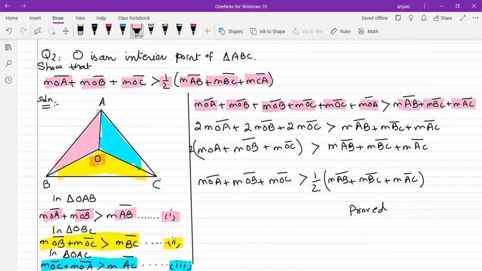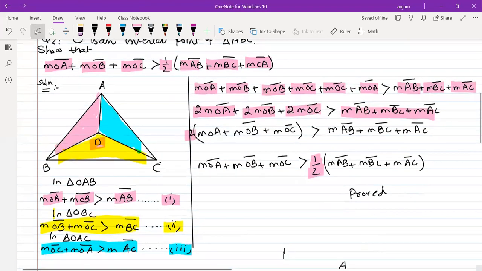And it becomes 2 times OA, 2 times OB, 2 times OC is greater than the whole right hand side. We take 2 common, and then we shift it to the other side, and we get our desired result, that is measure OA plus OB plus OC is greater than half of AB plus BC plus AC. So in this way we have proved it.